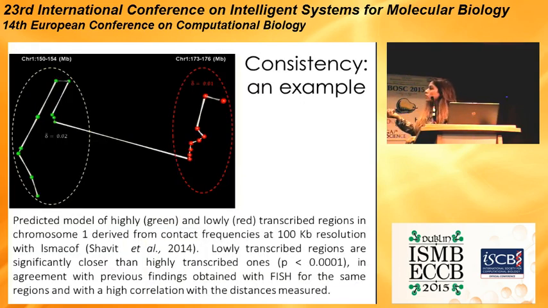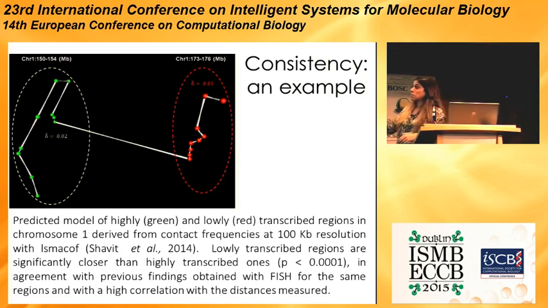So just to illustrate, this is a model that we predicted from Hi-C contact frequencies at chromosome 1. And we compared that to FISH measurements. What we wanted to see is not just that the distances measured with FISH and the distances that we predict are correlated, but also that the trend that these researchers found can be captured with our models.